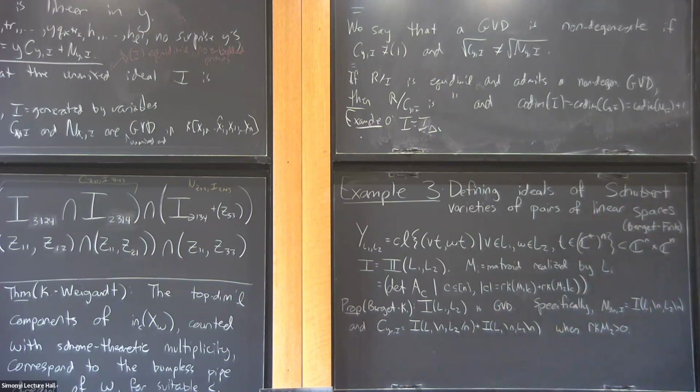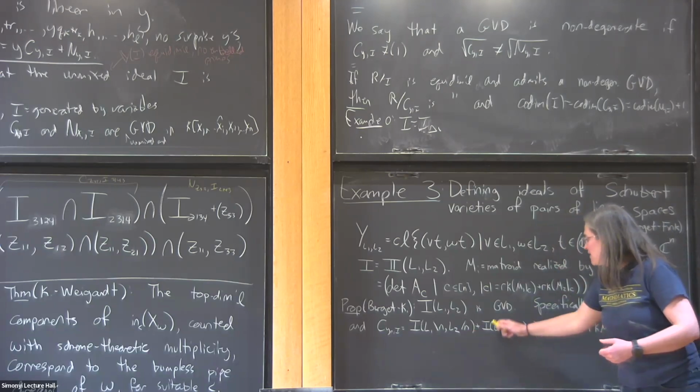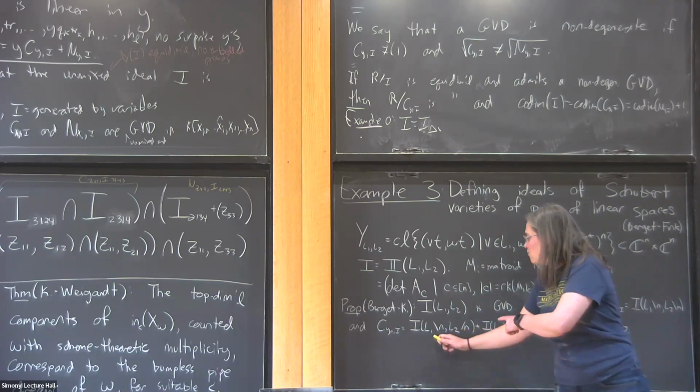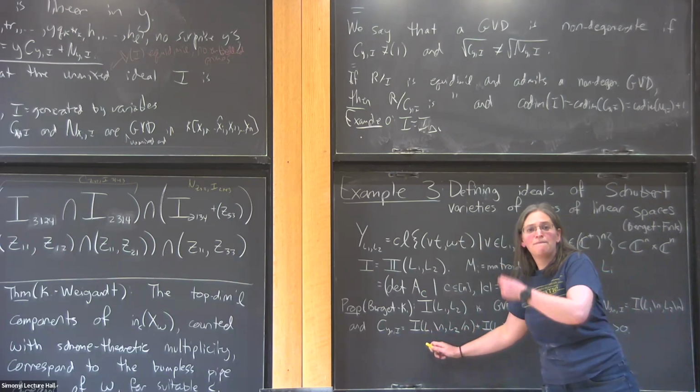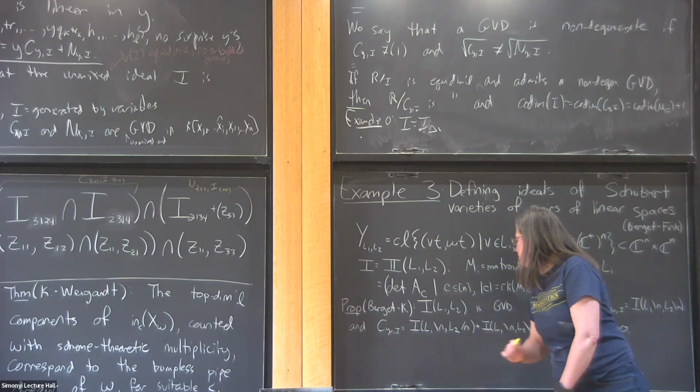So here again, my claim is that the geometric vertex decomposition naturally reflects the combinatorics of the situation. Specifically, the way that I'm getting the ideal of the deletion is by taking a deletion at the final column in both of these matrices, realizing my matrix. And to get the link, I get the ideal of the deletion plus what I get when I take a contraction at the final column in one of these matrices.